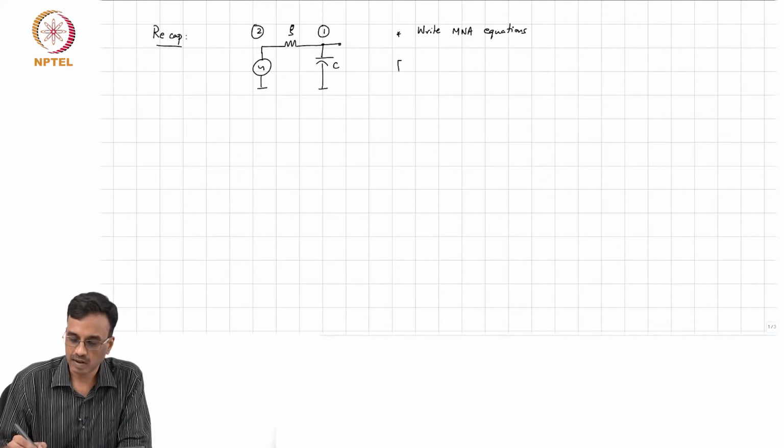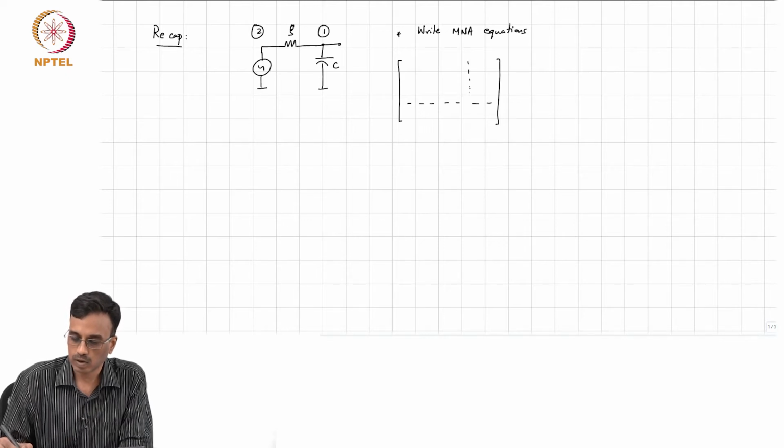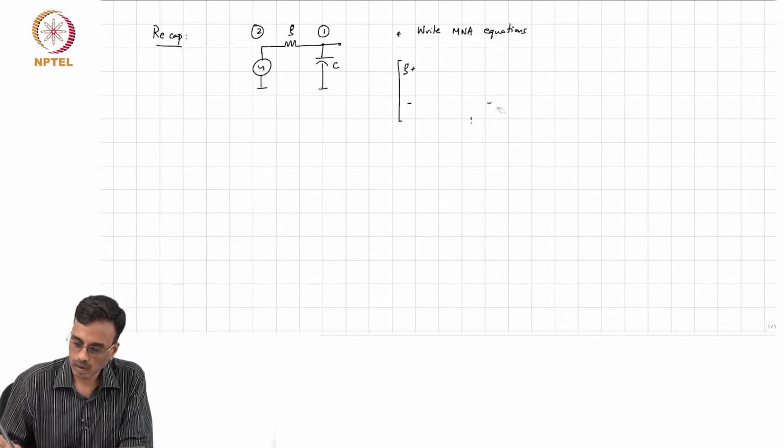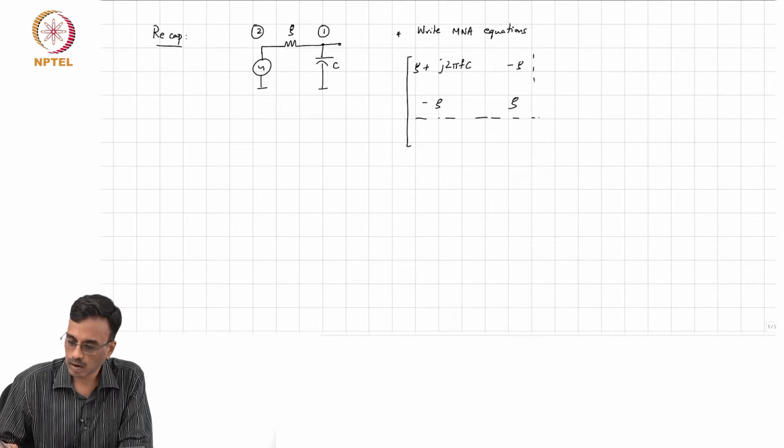and in this simple case you would have basically G plus j 2 pi f C minus G, and we have this is 0, and V2, that's basically this guy here.